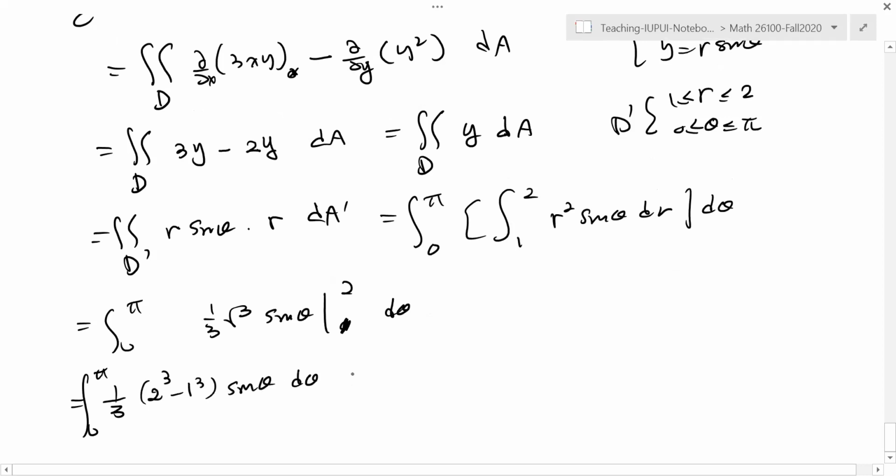That is 8 minus 1, 7 over 3. The antiderivative of sine theta is negative cosine theta, and evaluating at the two endpoints, I will get 2. So 7 over 3 times 2 is 14 over 3. Okay, 14 over 3 is the answer.